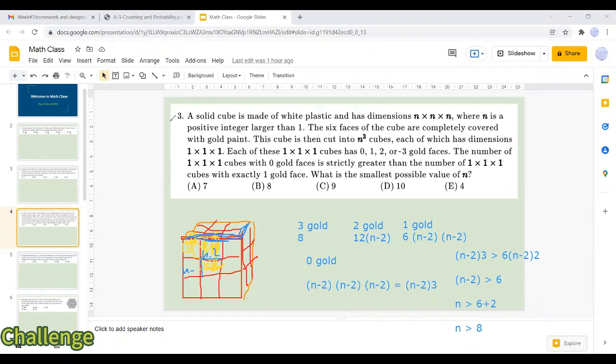It's just really easy intuition to figure out that the cubes with one gold face are 6 times n minus 2 squared, and so on. Okay, so that's that for the problem. Thank you, Victor, for presenting. And if we don't have any questions, let's move on to the next problem.